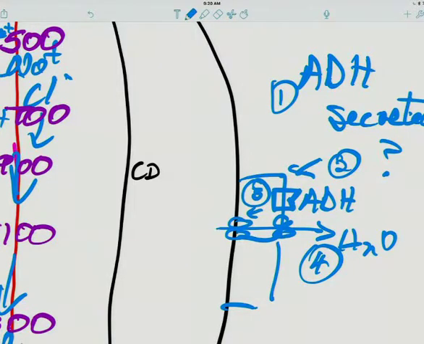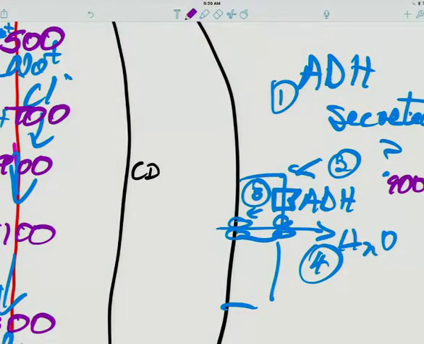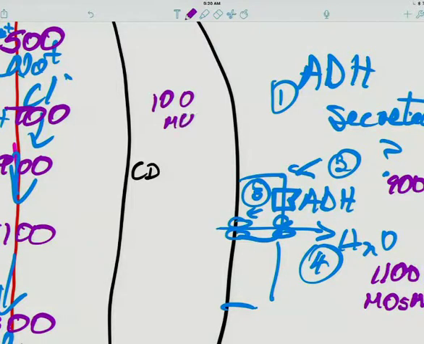Okay, concentration gradient. Remember, out here is, at this particular location, 900, 1100 milliosmoles, and if we're at 100 milliosmoles, water will go out if it can, okay?